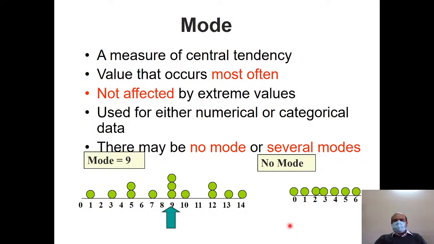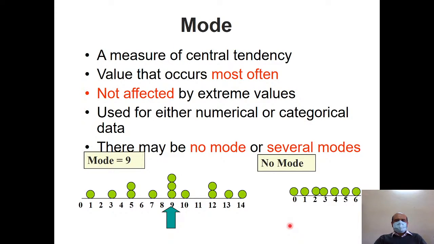And it is not affected by extreme values again. It is used for either numerical or categorical data. I told you about categorical data right in the beginning. So there may be no mode or several modes.